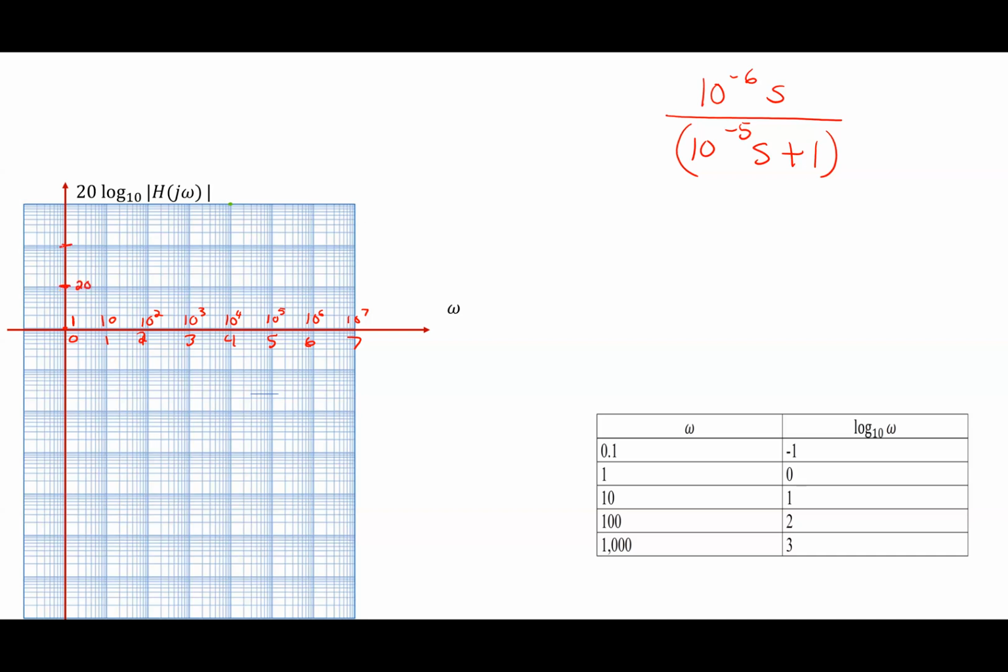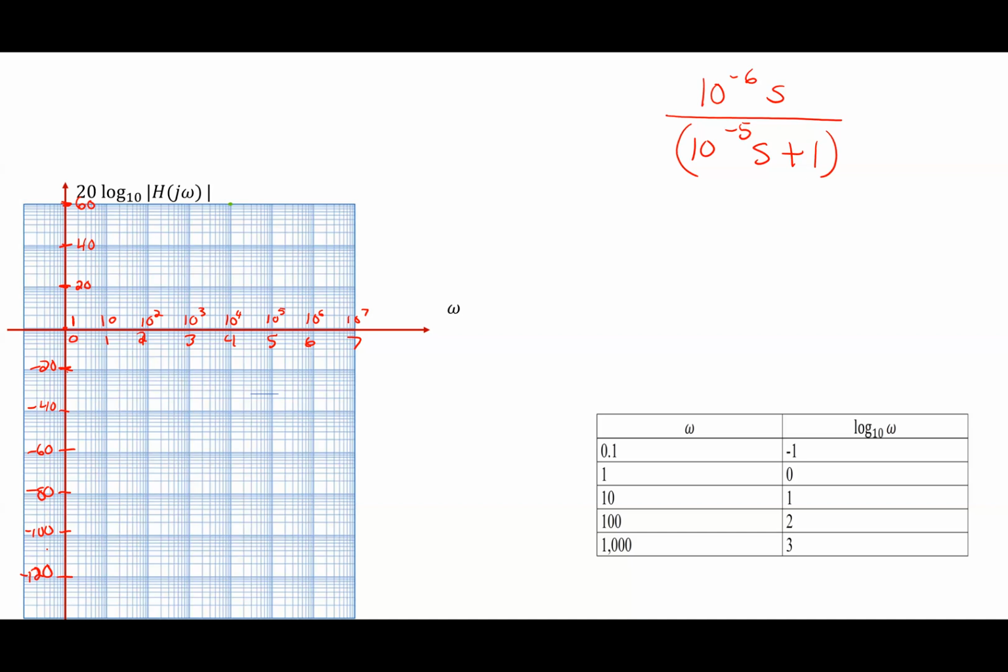This would be 20 log of 100, or 40. 20 log of 1,000 would be 60. And then down here, I've got the negatives: negative 20, negative 40, negative 60, negative 80, negative 100, negative 120, like that.